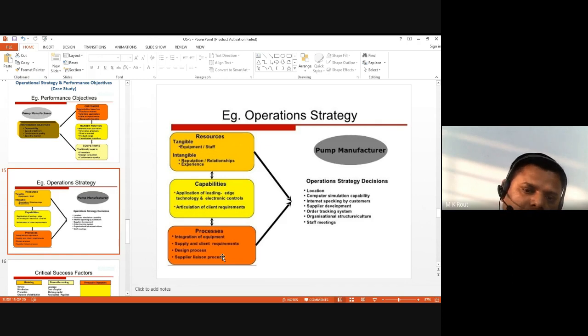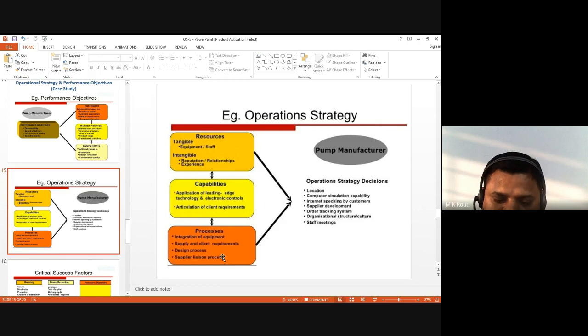Then if you include resources, operation capabilities and operation processes, it directly leads towards taking operational strategy decisions in case of location. The next is computer simulation capabilities.